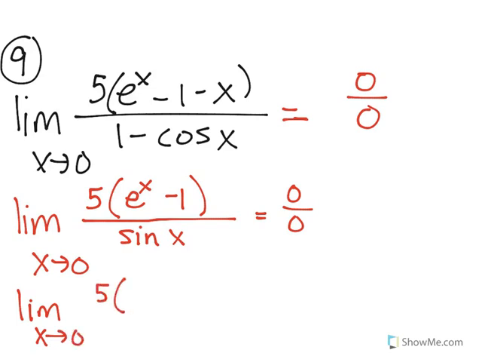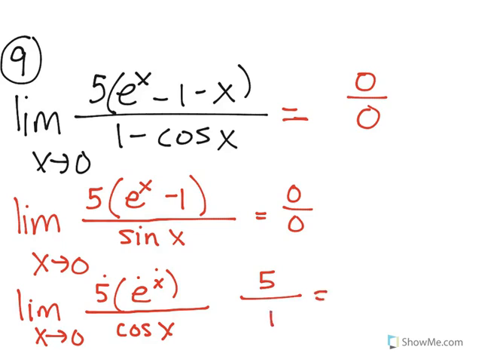I'll keep that 5. The inside is e to the x. The derivative of sine is cosine of x. So on the top, I get e to the 0, which is 1, times 5 is 5. And the cosine of 0 is 1. So my answer for 9 is 5.